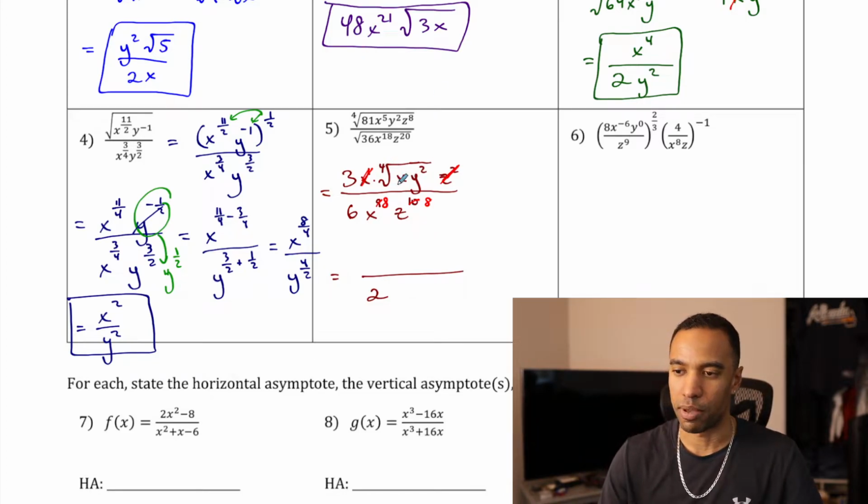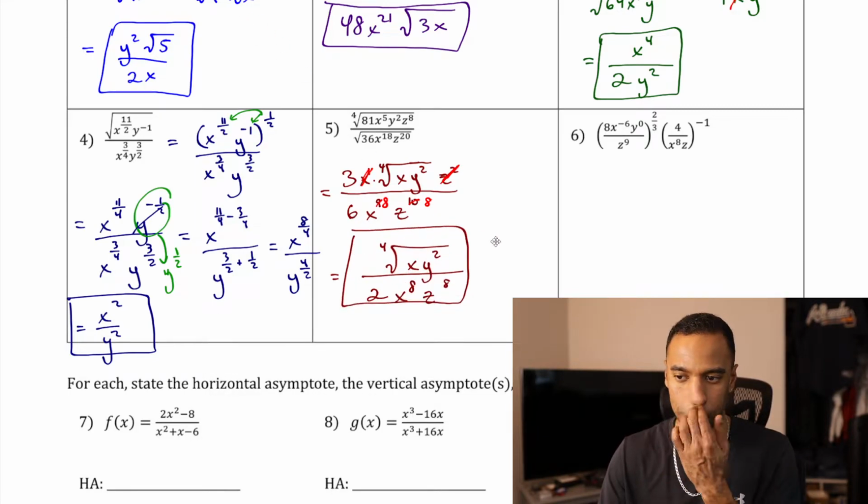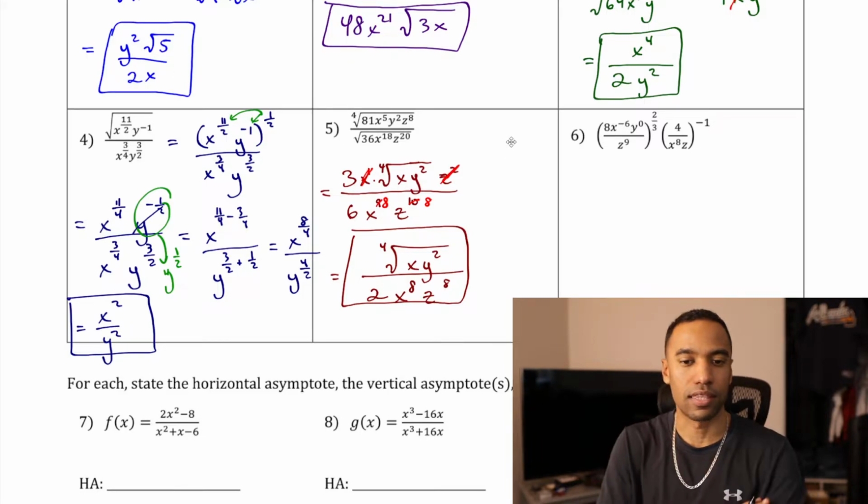So the only thing that remains up top is this 4th root thing. It's 1 times the 4th root of x y squared. And on bottom, I have 2 x to the 8th, z to the 8th.